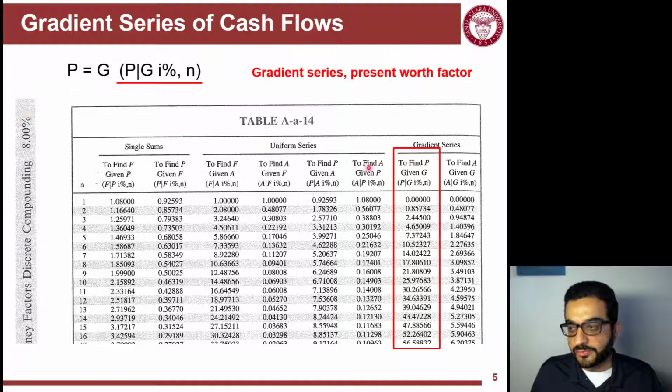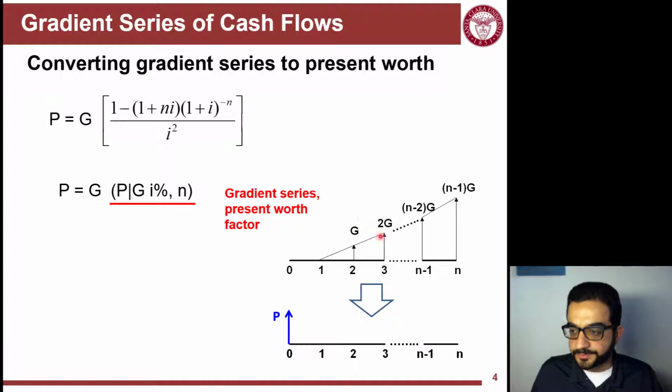Every page is an interest rate, and the rows are the number n. Remember, here you see 1, 2, 3, 4 arrows, but for us n is actually 5, because don't forget the zero value for the first year of the series.